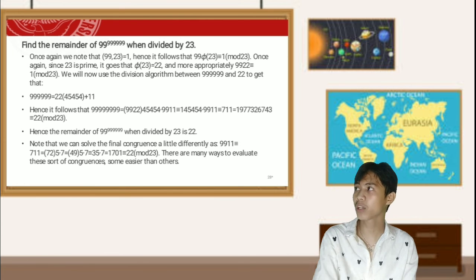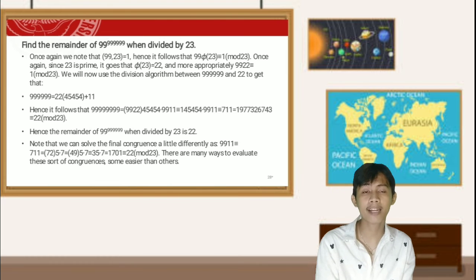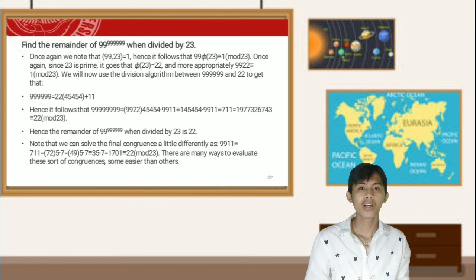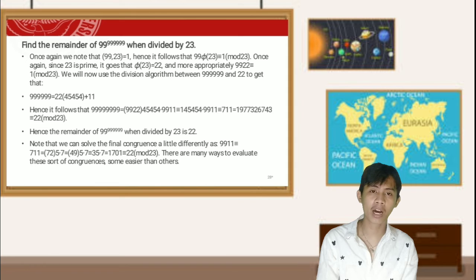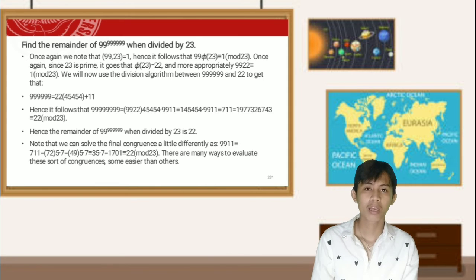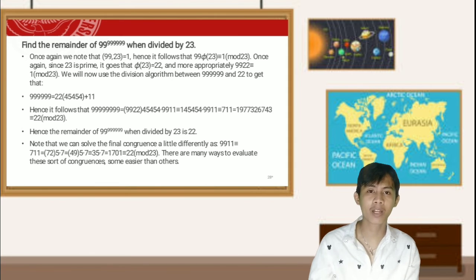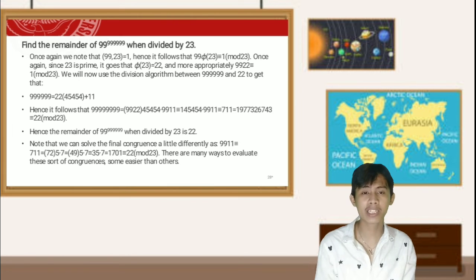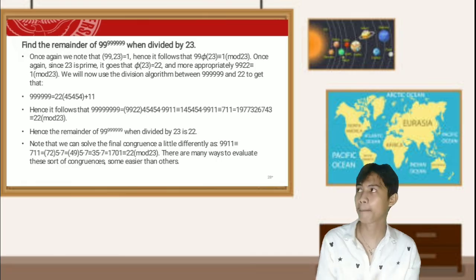There are many ways to evaluate this sort of congruence, some easier than others. So, we are now done with our activity and the evaluation. We'll now proceed to our generalization about the topic.